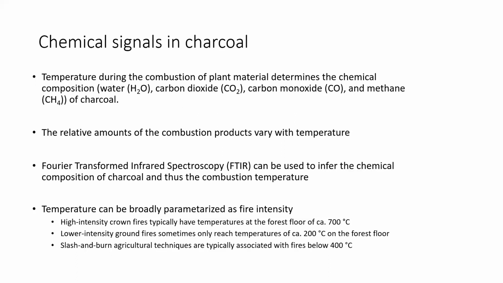So when we are able to infer the temperature by looking into the chemical composition of charcoal, we can get some kind of idea how high intensity or low intensity the reconstructed fires were burning.